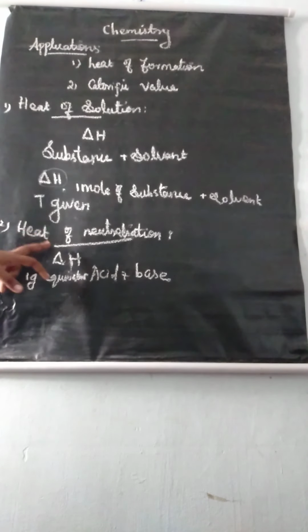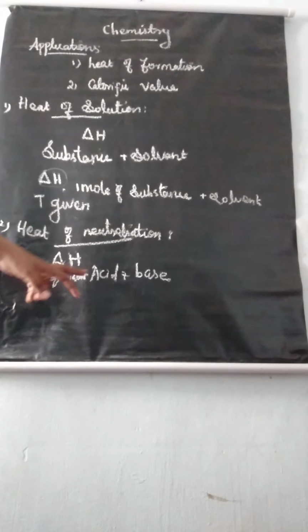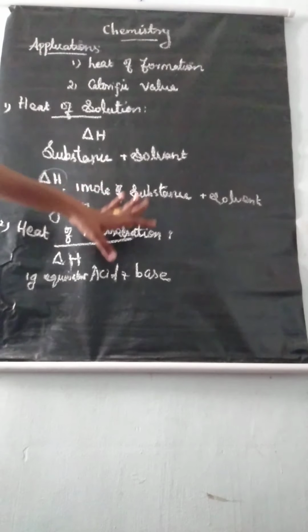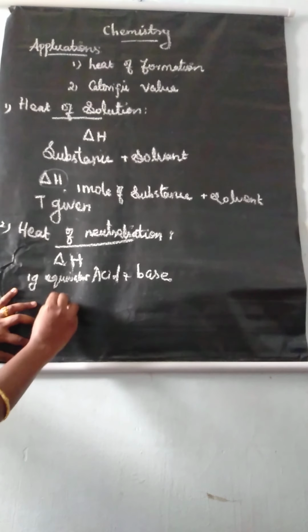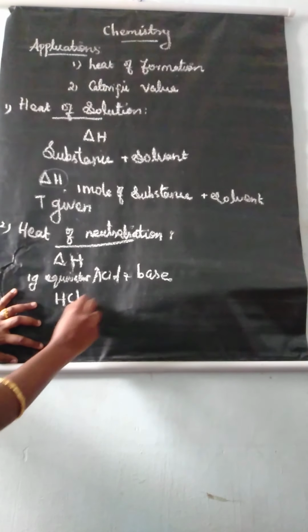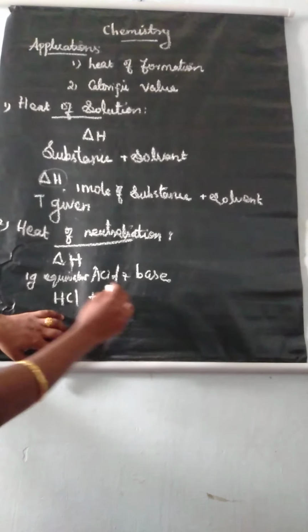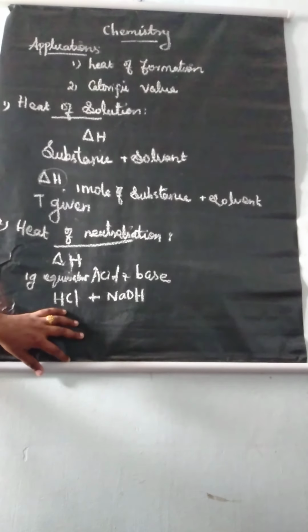Understand? So, listen. What is the heat of neutralization? Heat of neutralization means change in enthalpy when 1 gram equivalent of an acid is completely neutralized by 1 gram equivalent of base. Now we can write one simple example. Consider the acid hydrochloric acid, neutralized by a base, sodium hydroxide, NaOH.